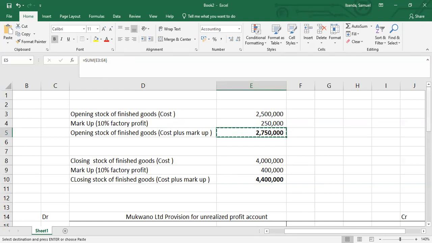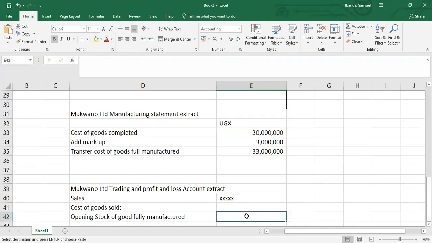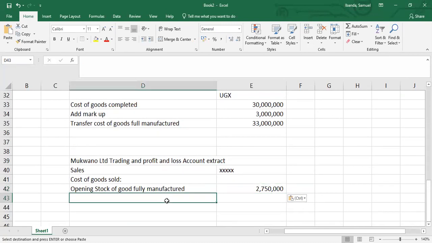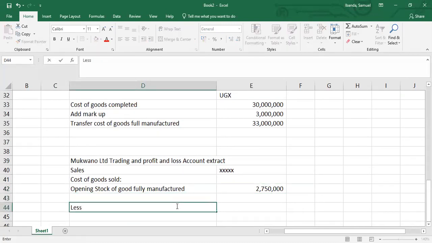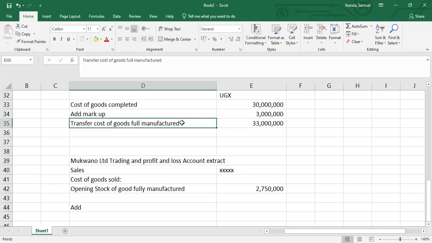So I'll still take the 2.5 down there. I'll take the 2.75 here. And then what we are also going to do is less, but before lessing, we are going to add the transfer of cost of goods fully manufactured.